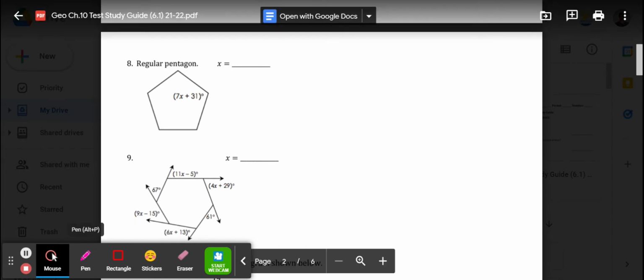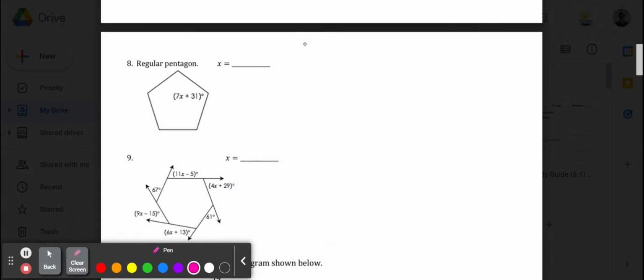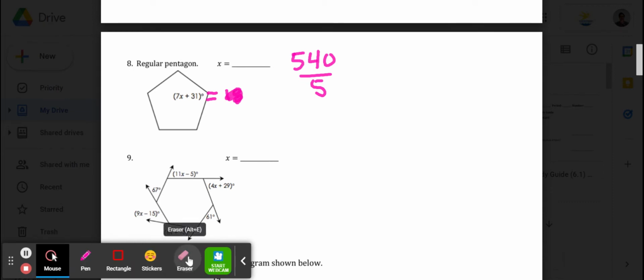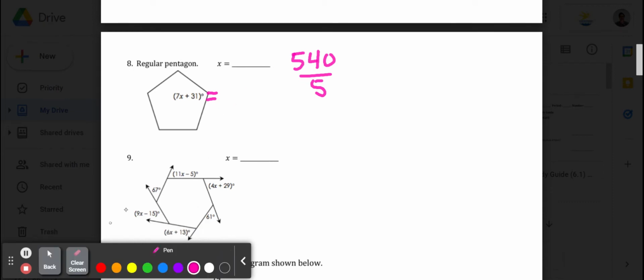So regular pentagon, the fastest way to do this is we already got 540 for the pentagon by doing n minus 2 times 180, divided by 5. So 540 divided by 5, so that's 108. So this should equal 108, because all these angles should be 108 because it's a regular polygon.